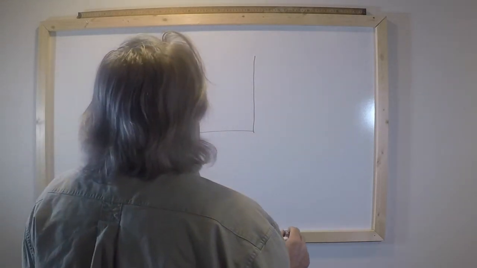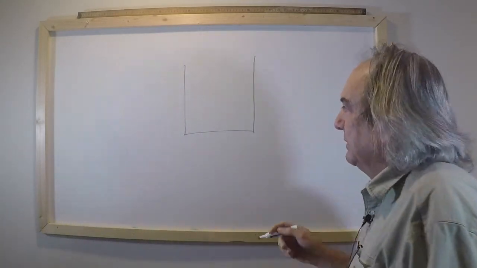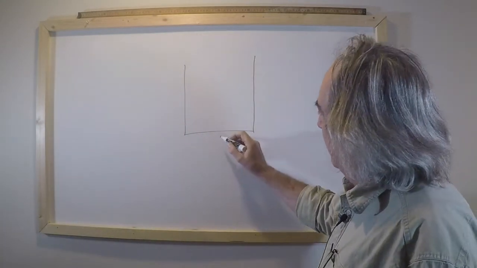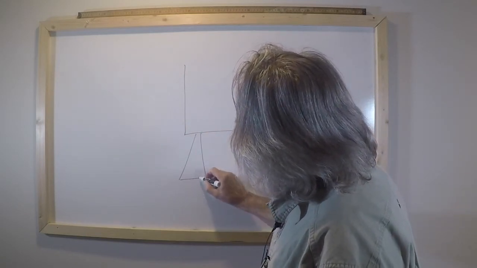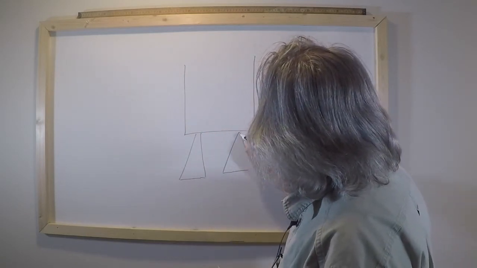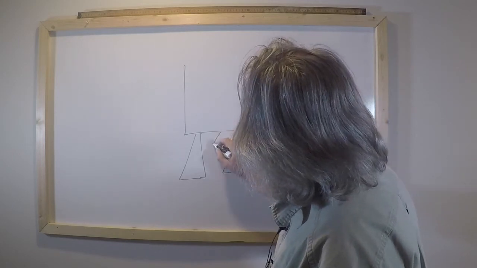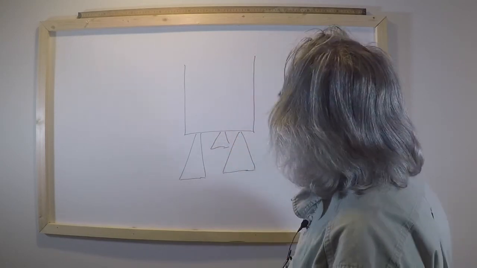But anyway, there's the tank. That's what we start with. You know, we could put it on a stand like this, say, and then there would have to be one in the back maybe. Anyway, that's the tank.